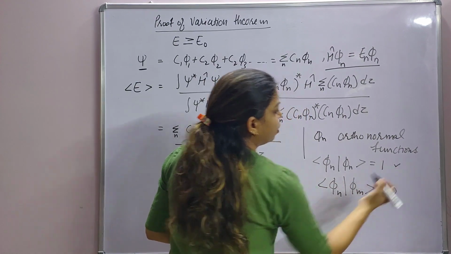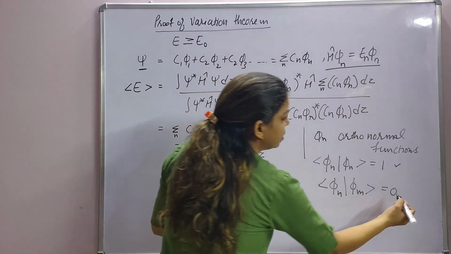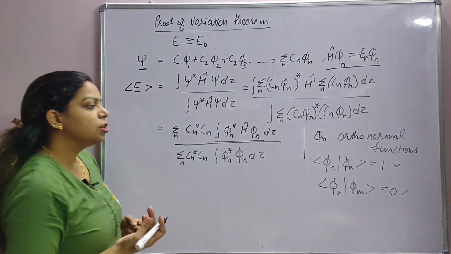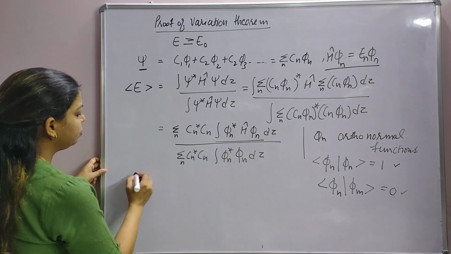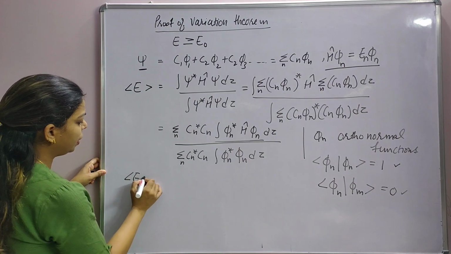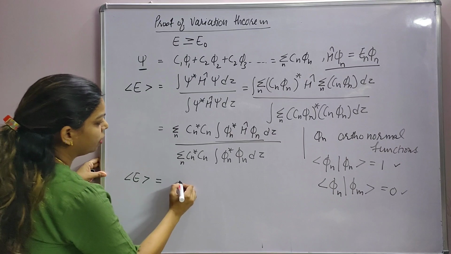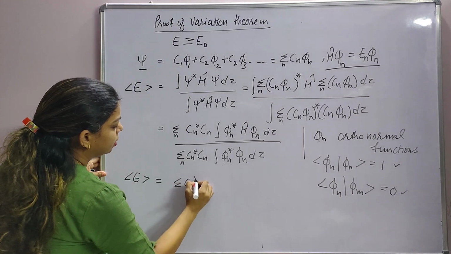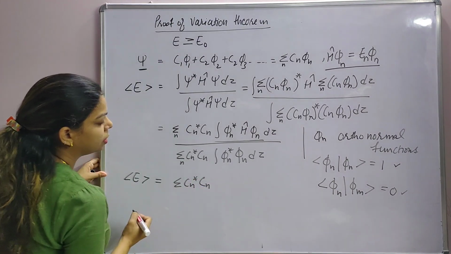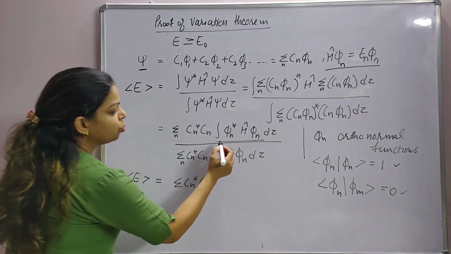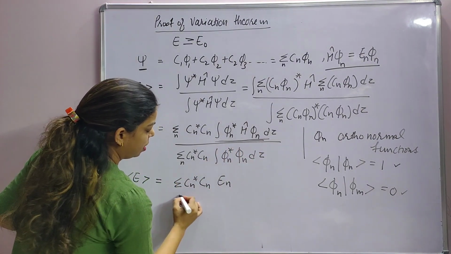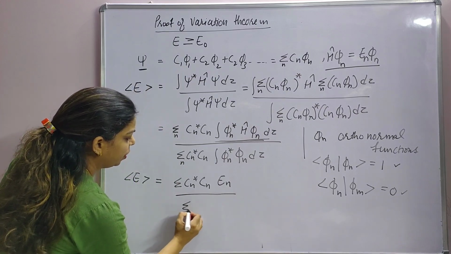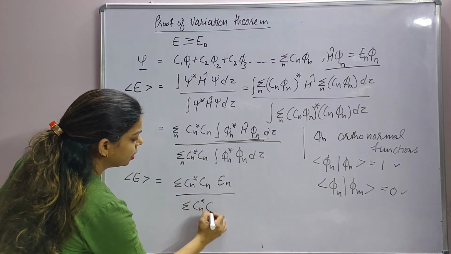This is the condition for normalization and this is the condition for orthogonality. So these are all orthonormal functions. So the value of this integral will become En, and we will have here Cn star Cn.